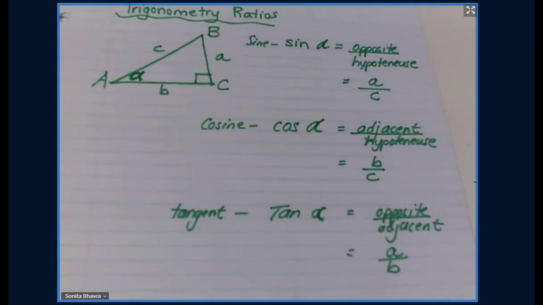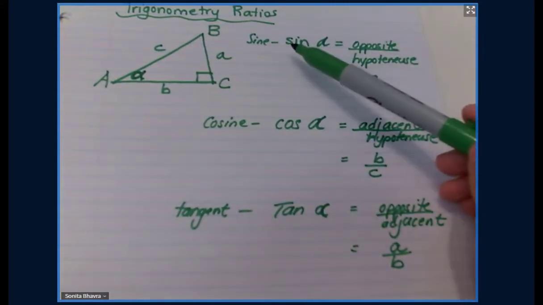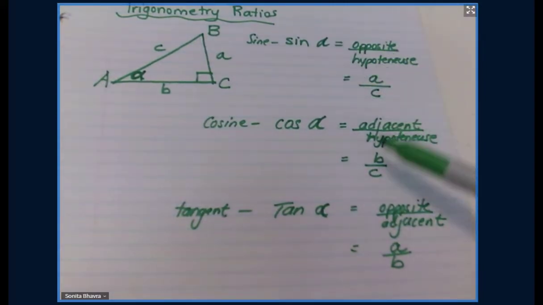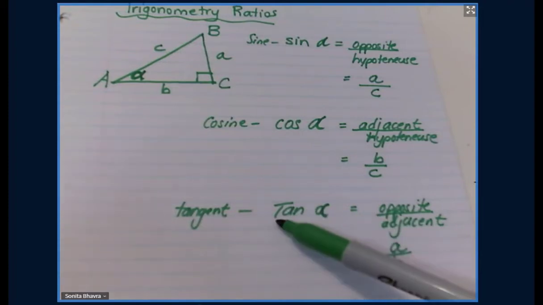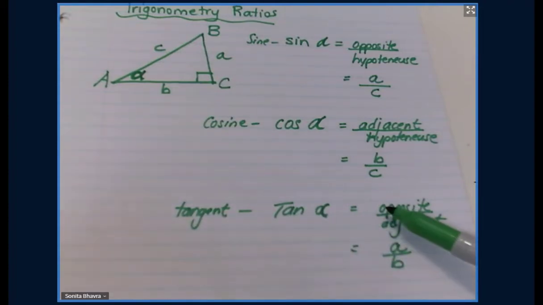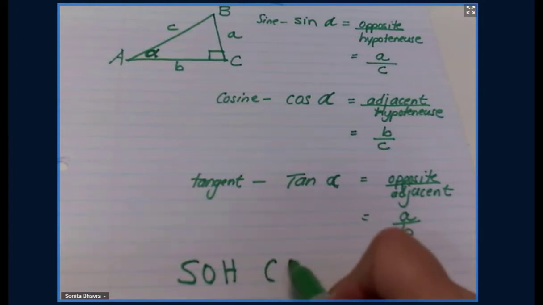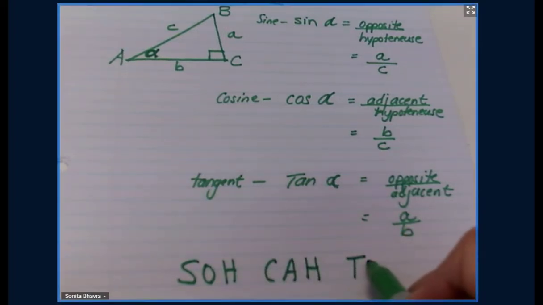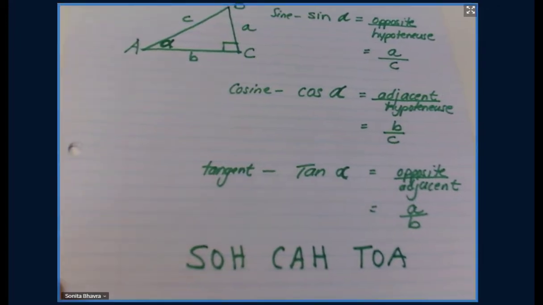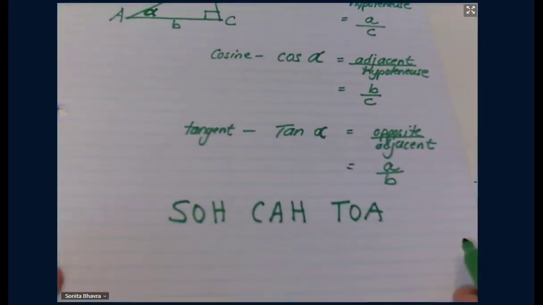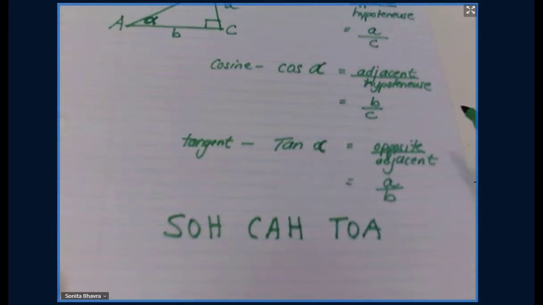So from these ratios that we just looked at, we have here S for sine, O for opposite, H for hypotenuse, C represents cosine, A is adjacent, H is hypotenuse, T represents tangent, O is opposite, A is adjacent. And from that, that's how we get this acronym SOHCAHTOA. All right, so this is a common method to remember the ratios that we just went over.